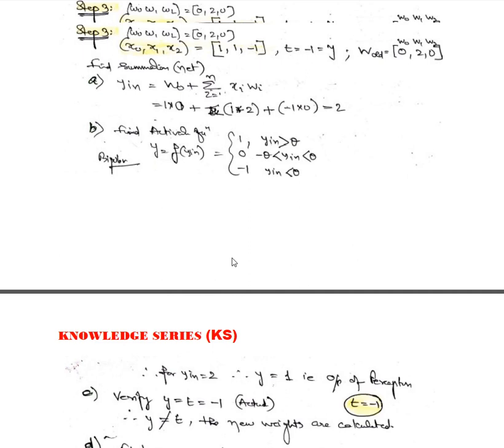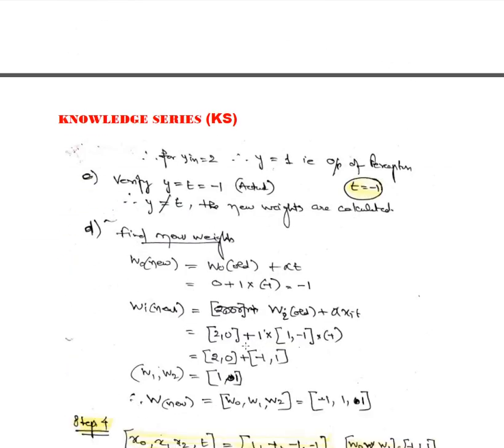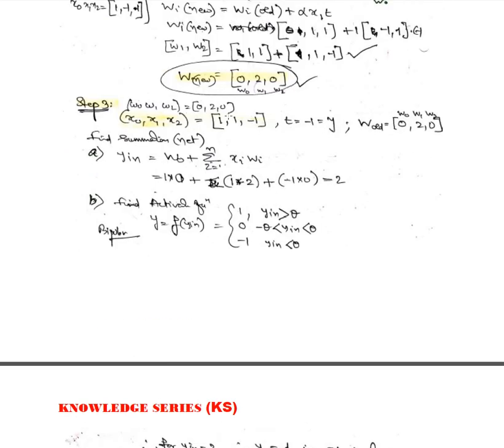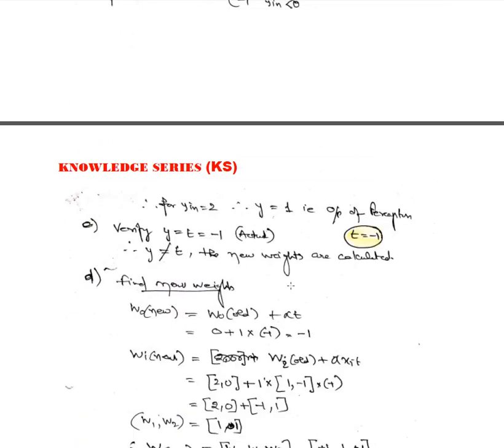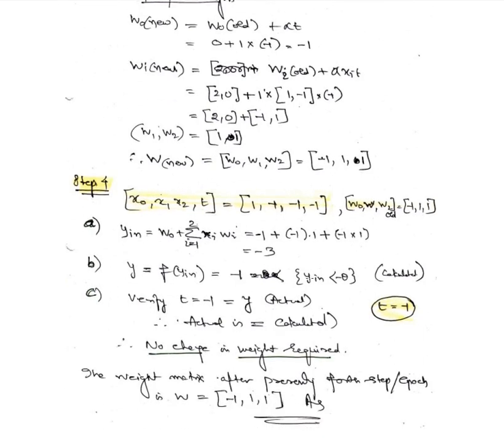What was the previous weight? 0, 2, 0. So here 2, 0 is coming, and 1 into our input, which is 1, -1. Now that is put and we get a new value, W0, W1, W2 as -1, 1, 1. Now this is again taken for modification and training, then the decision line shifts.